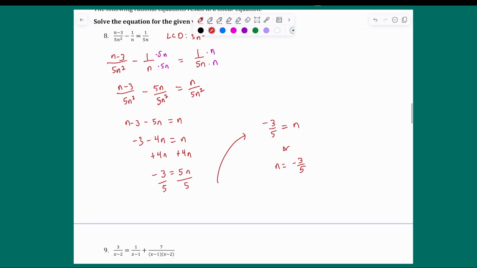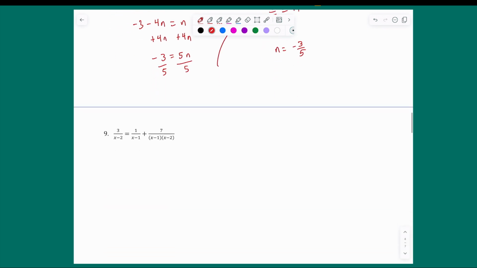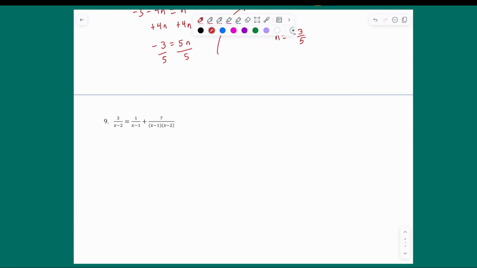All right, let's try another one. Let's look at number 9 here. Number 9, we also have 3 fractions here, and we want to identify the LCD. You can see the LCD is x minus 1 times x minus 2. So then we build up each of these fractions so they have an LCD denominator of x minus 1 times x minus 2.